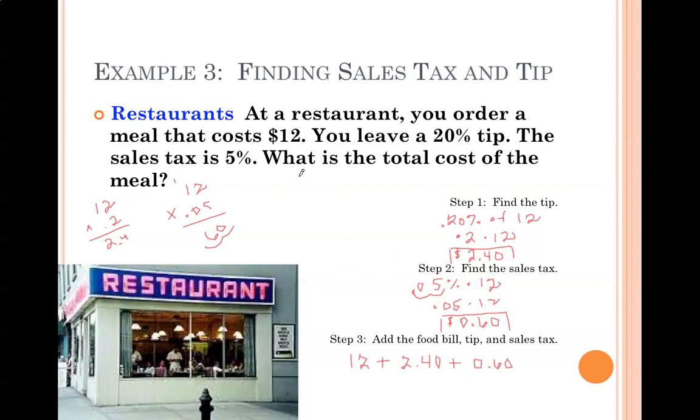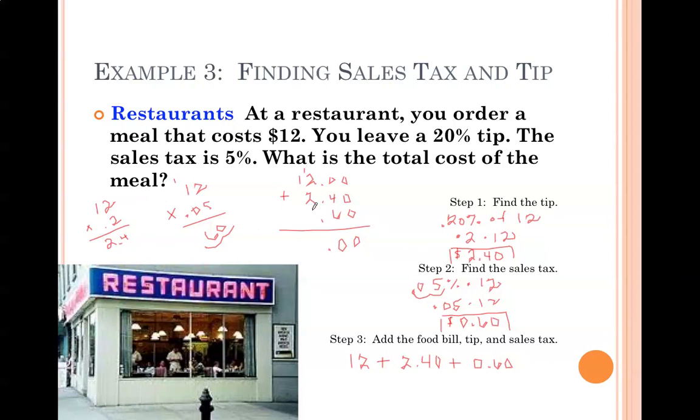All right, I'm going to come up top and do my scratch work. I'm going to go ahead and add these decimal places because I know I'm going to need to line up my decimals. Plus 2.40 plus 60 cents. All right, so these are all zeros. 6 plus 4 is 10. Carry the 1.